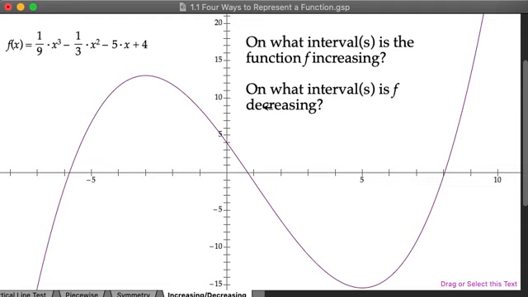And decreasing means as you read the graph from left to right, the y values are going down, okay? Or the output values are going down.